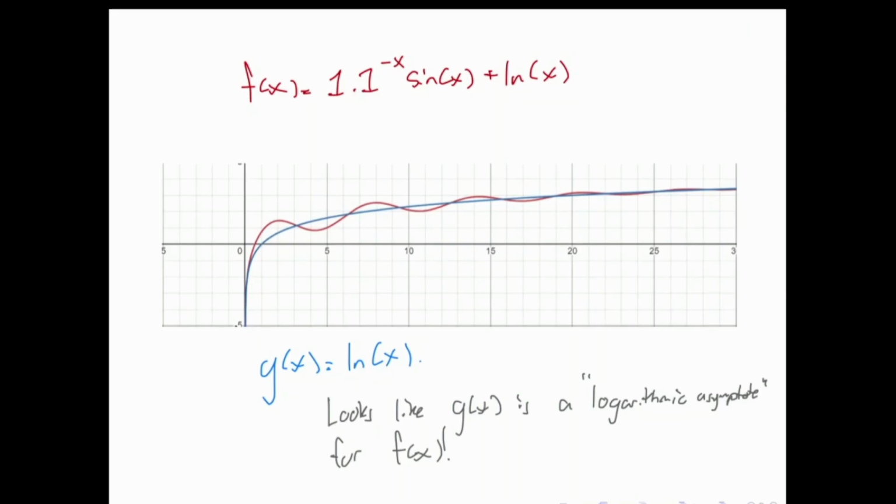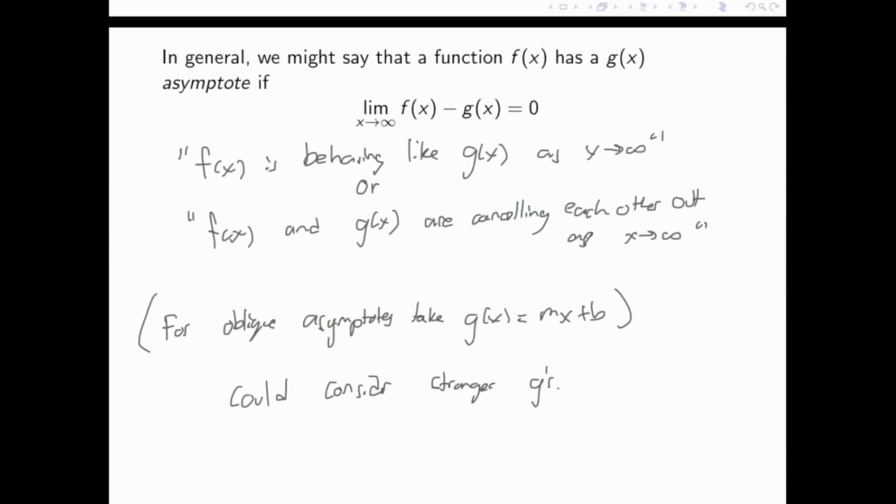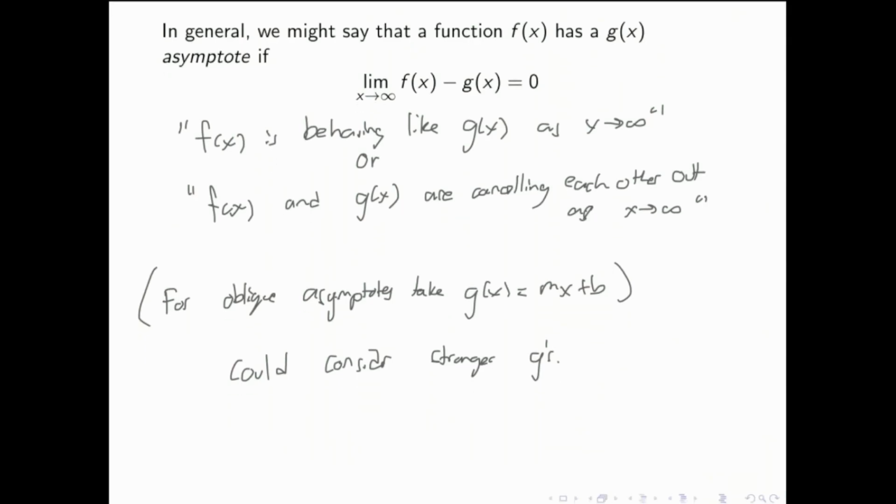And oblique asymptotes and even horizontal asymptotes are just a special case of that. So if you're anything like me, in high school, oblique asymptotes were a little spooky. I didn't really know where they came from, but actually they were just special cases of these kinds of end behaviors, and there's so many different kinds of end behaviors to explore.